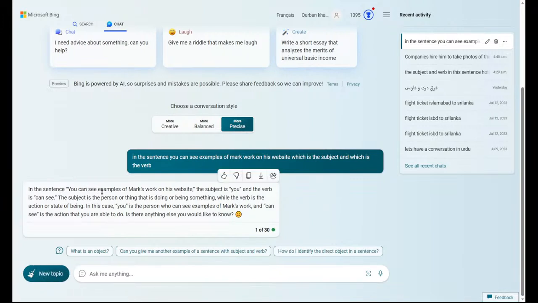So in this sentence, you can see the examples of Mark's work on his website.